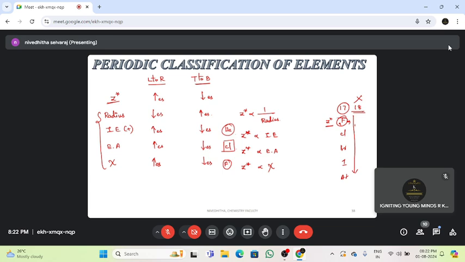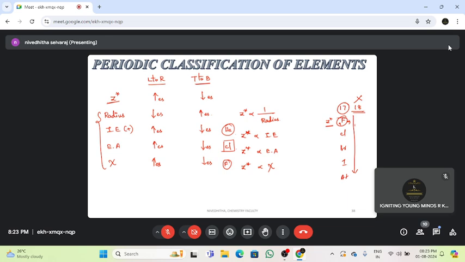It really makes it difficult for the incoming electron to get added. So because of the highest effective nuclear charge, these 9 electrons are attracted towards the nucleus, due to which the incoming electron cannot get added to fluorine relatively easily.